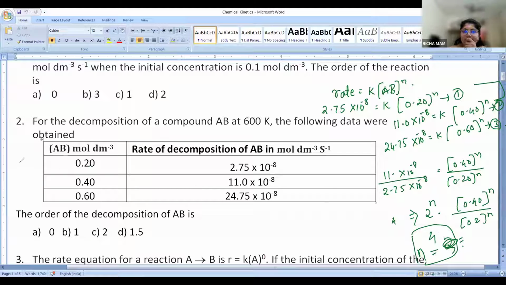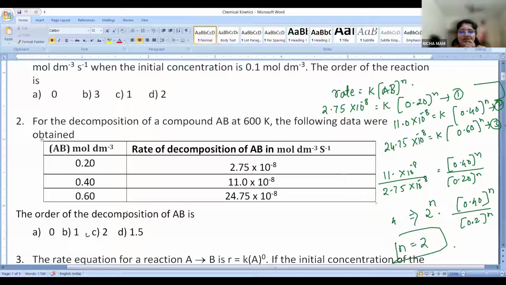Sorry, 2 raised to n is 4. So n is equal to 2. n is equal to 2 here.